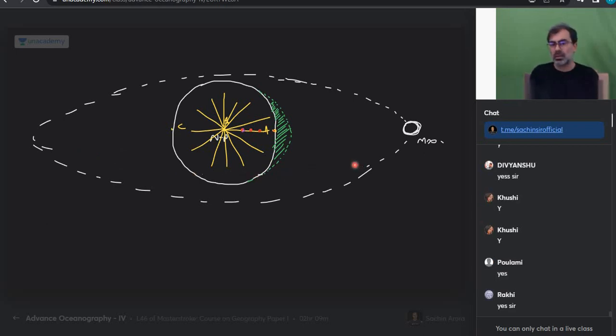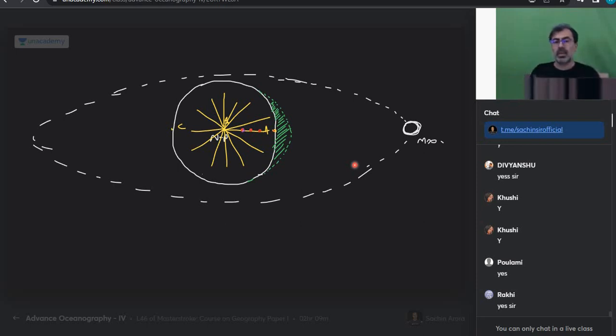Moon is revolving around the Earth. So I want to tell you that this whole system is turning around also. How is it turning around? Remember, sun is in the center, and we are also turning. The Earth-Moon system is also moving like this. It is also rotating. Do you get that? Sun is in the center, Earth and Moon, they are also taking the round and they are also rotating.